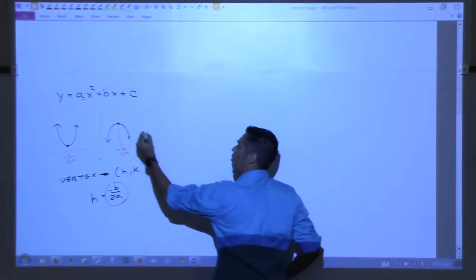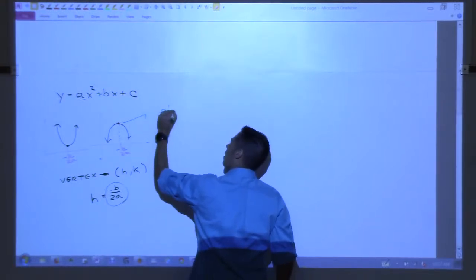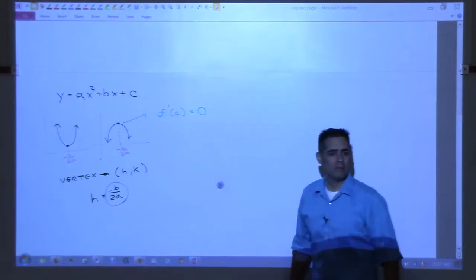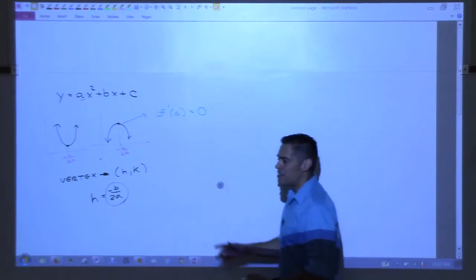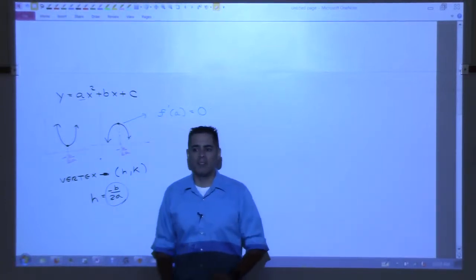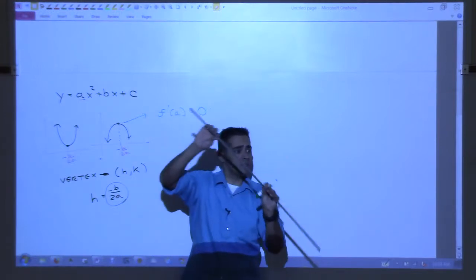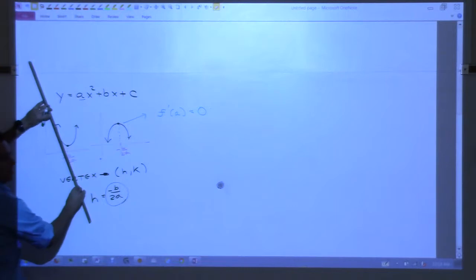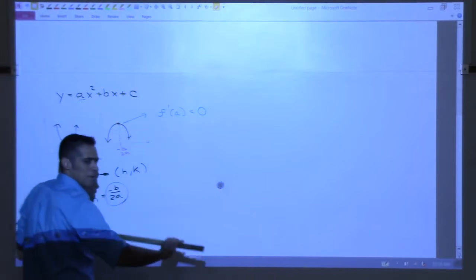So doesn't this point correspond to somewhere where the derivative is 0? Isn't that what I'm asking myself? Where is the derivative 0? Because if this is a parabola, I want to know where the slope of the tangent line is 0. Over here it's not; the slope of the tangent line is negative. But right there it's 0. You with me?